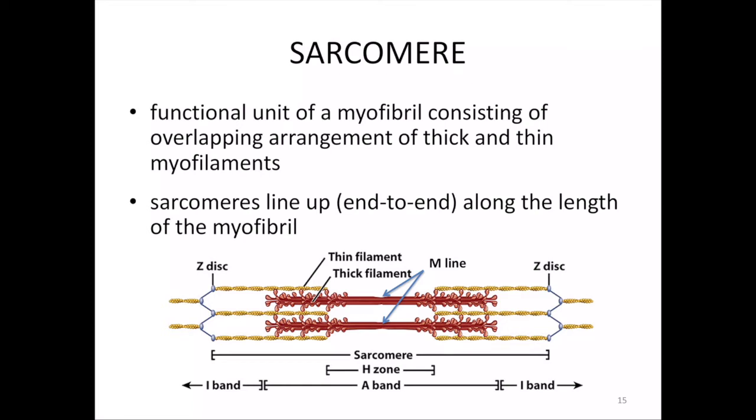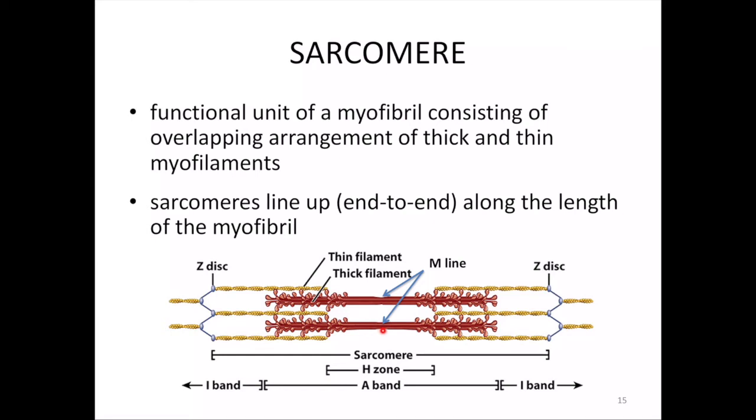Okay. So again, a myofibril is going to consist of many, many sarcomeres that are lined up end to end. So let's look at some of these structures together and review them. If we're looking at a particular sarcomere, we're looking at actin and myosin. Here's your thick filament, that's going to be myosin.